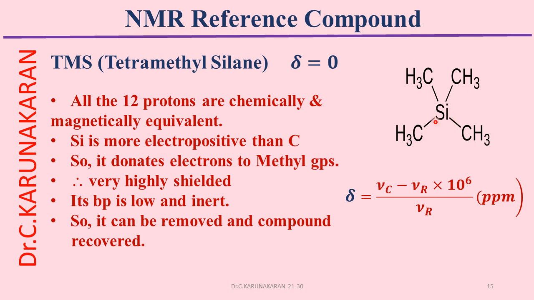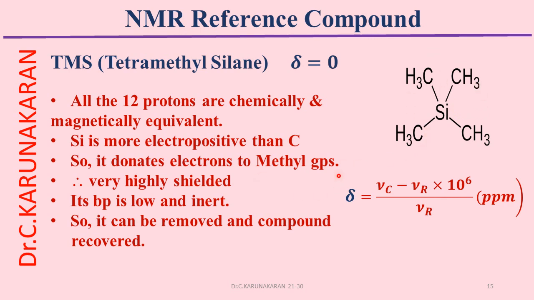Because silicon is more electropositive than carbon. Therefore, it donates electrons to the methyl protons, and because of the large electron density, the methyl protons are highly shielded.